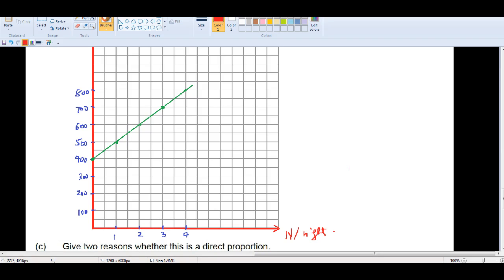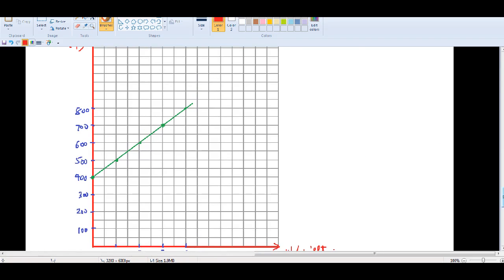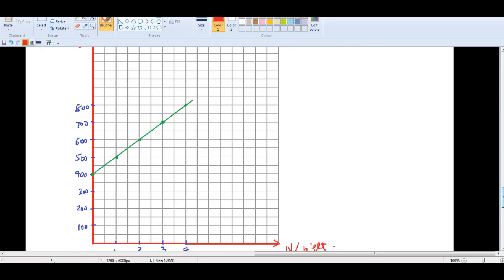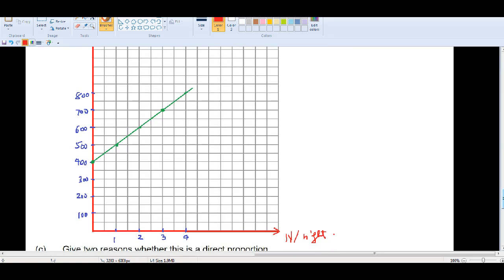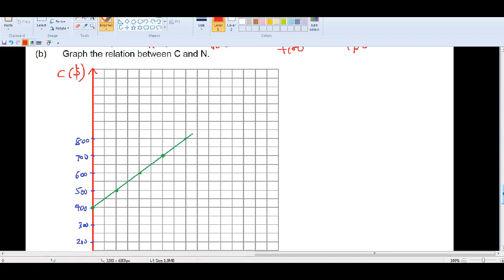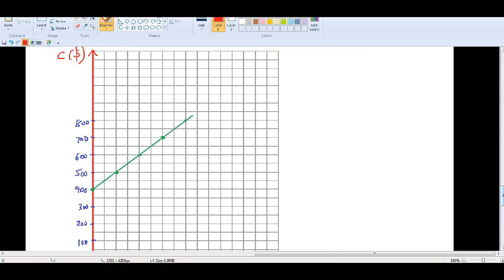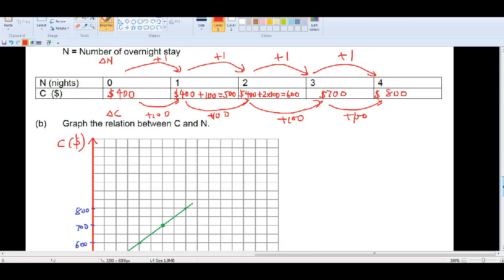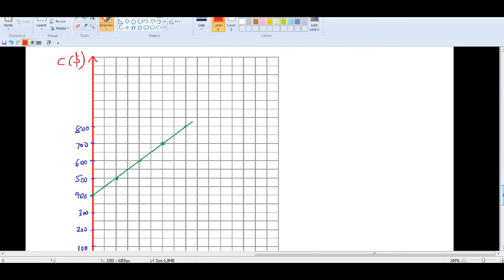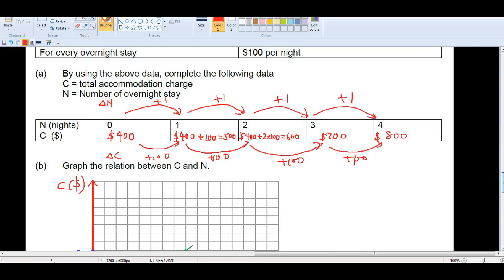Okay, so you see basically just use the same method to plot the graph, and you need to label the two axes as well with the corresponding quantities and variables. You must see a straight line. If the points you plot are not on the same straight line, then something is wrong.